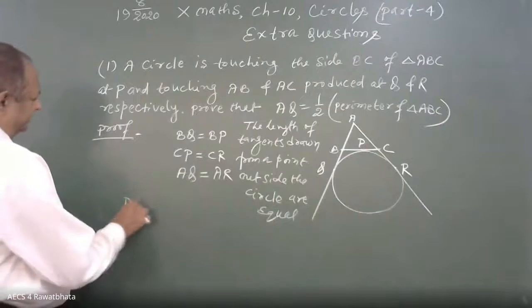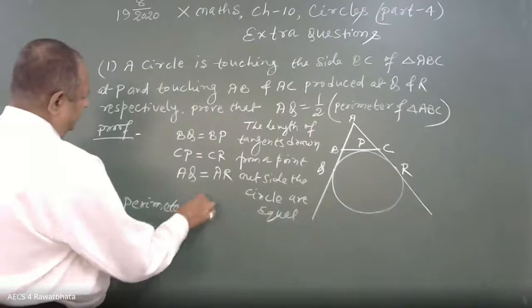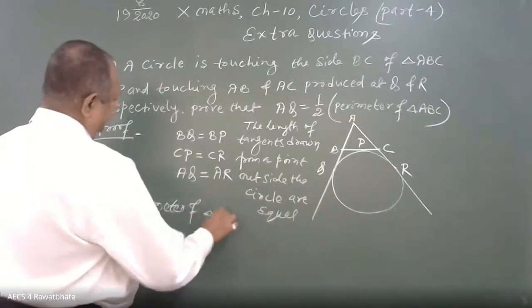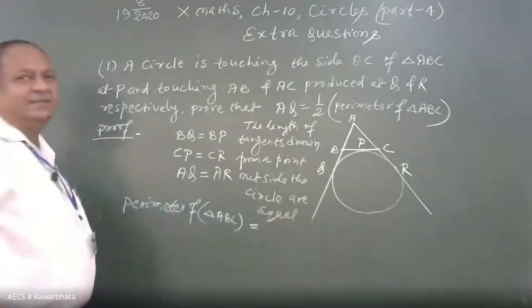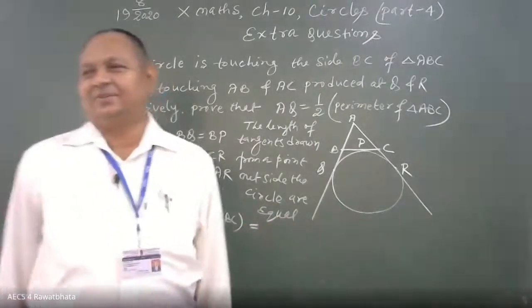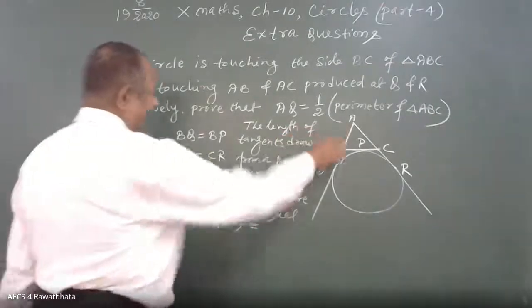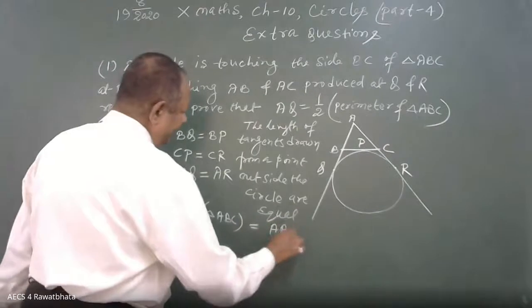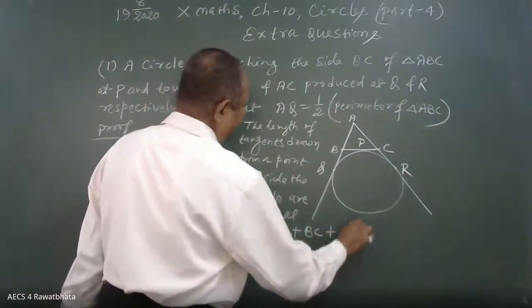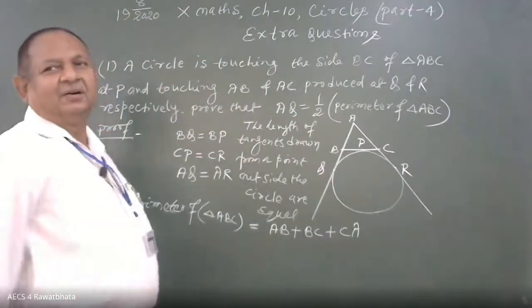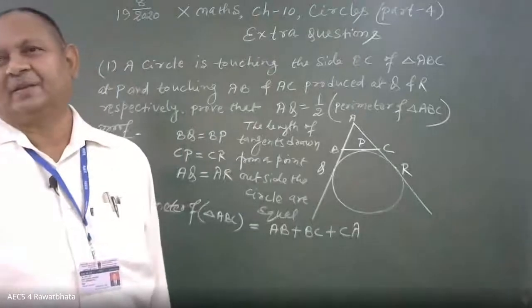So the perimeter of triangle ABC can be written as the sum of three sides: AB plus BC plus CA, or AC, right?